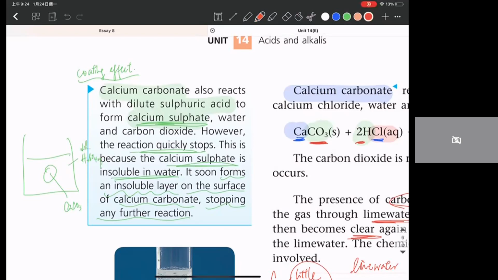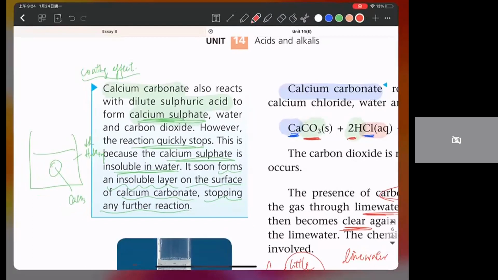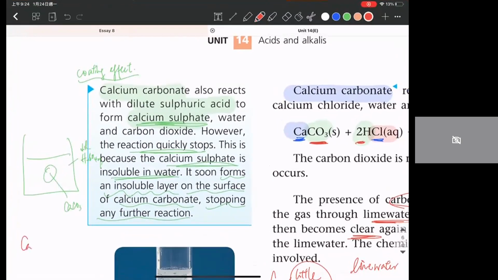Once the reaction goes, calcium carbonate reacts with H2SO4 to form what? Just like last time, merging the two, you will see the calcium and sulfate. And the carbonate with hydrogen ion will form CO2 and H2O.